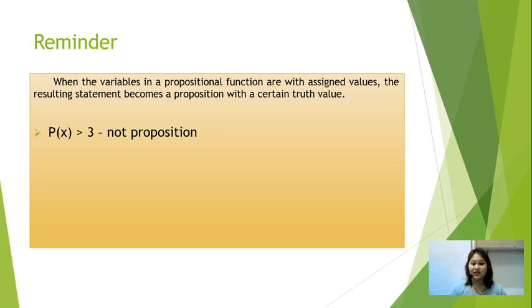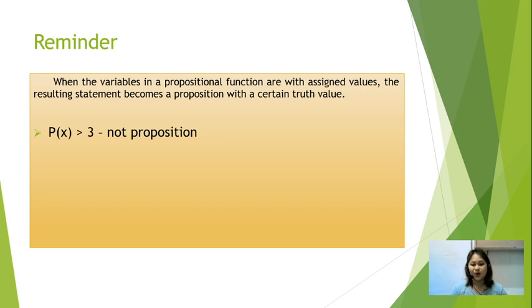Everything revolves around the given proposition or statement. A proposition should be a declarative sentence, a sentence that declares a fact. That fact can be either true or false, so it doesn't have to be true all the time.